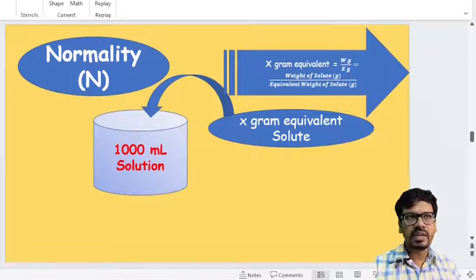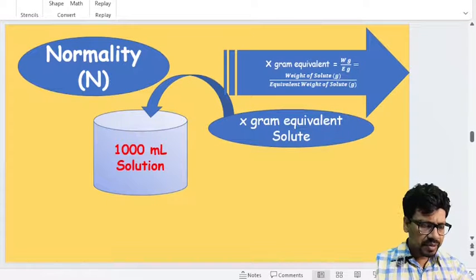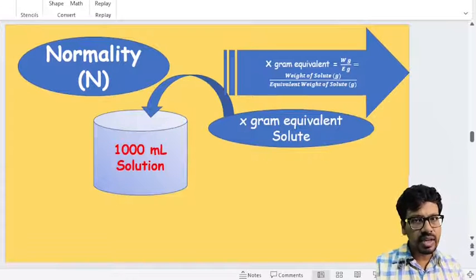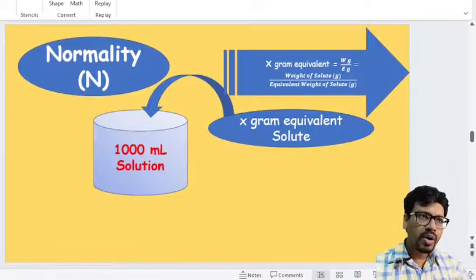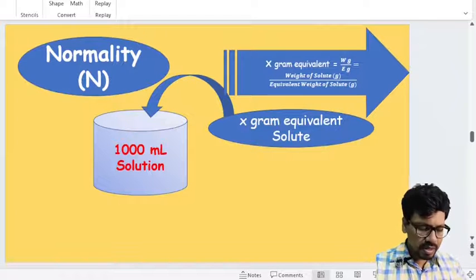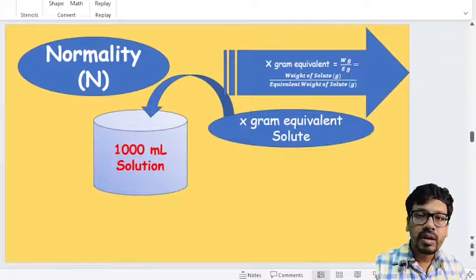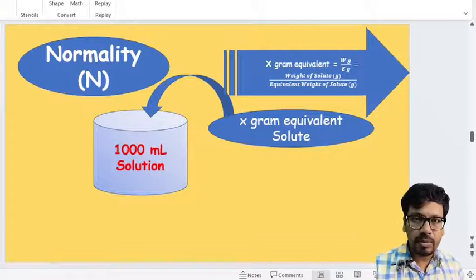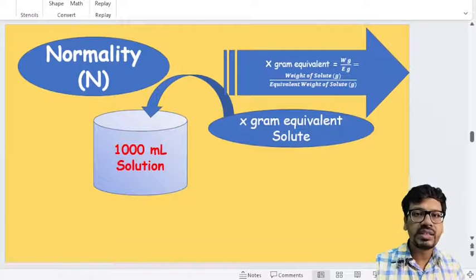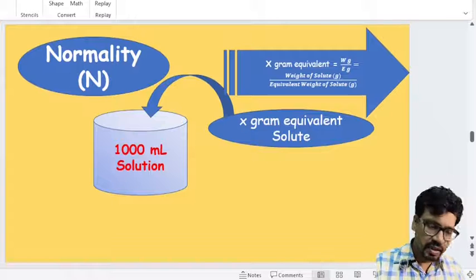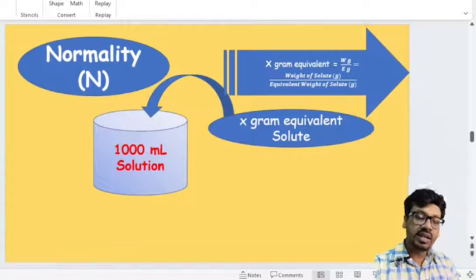So in titration we know that the equivalent amount of acid can neutralize the equivalent amount of base, or equivalent amount of oxidant can neutralize equivalent amount of reductant. So here the concentration term is used as the normality. So what is the normality?